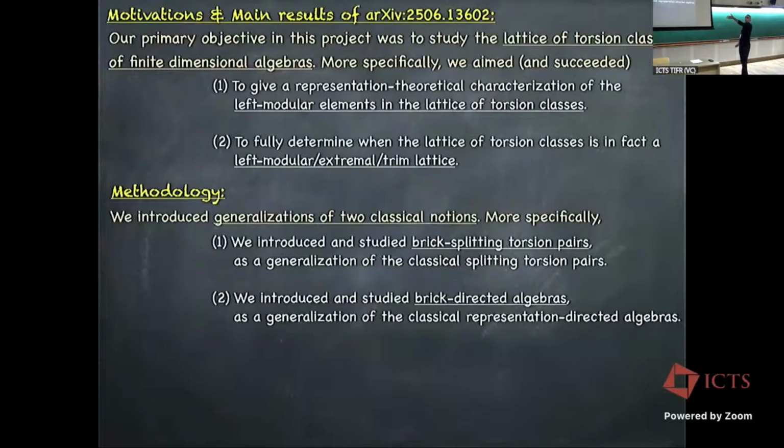Well, we generalized two phenomena, classical in representation theory from the 60s, 70s, 80s. One of them was we introduced the notion of brick splitting torsion pairs, which is a generalization of classical splitting torsion pairs. And we also generalized the notion of representation-directed algebras to what we introduced as brick-directed algebras.